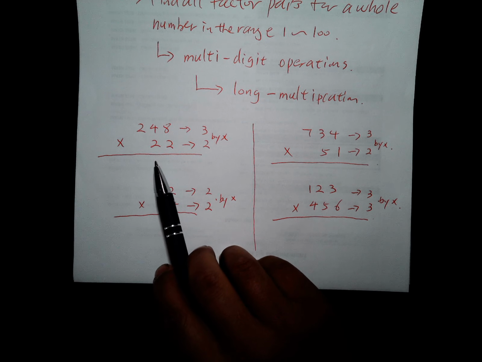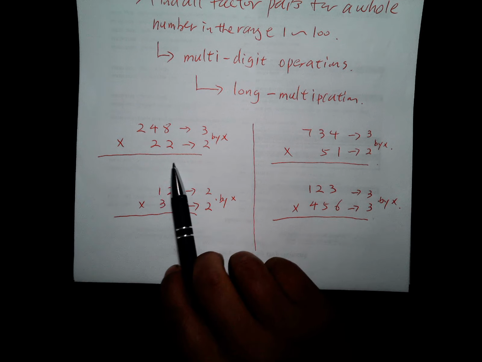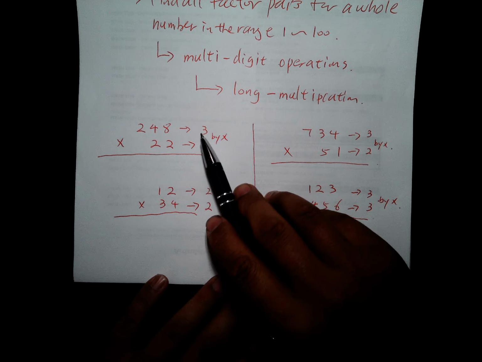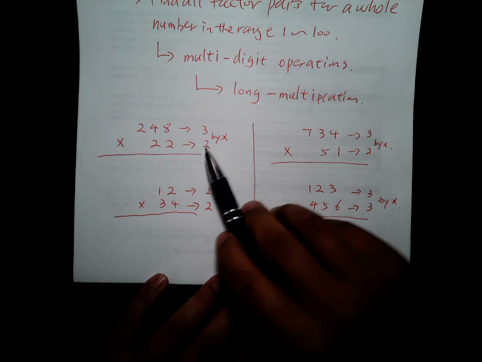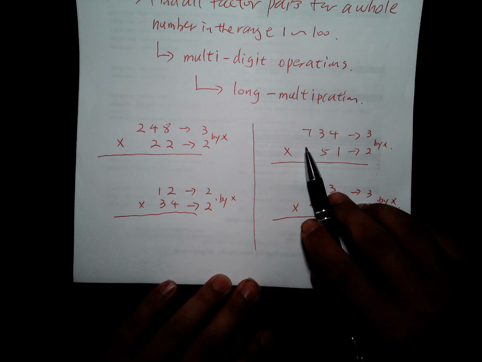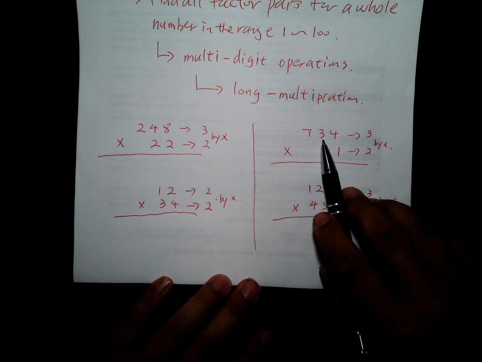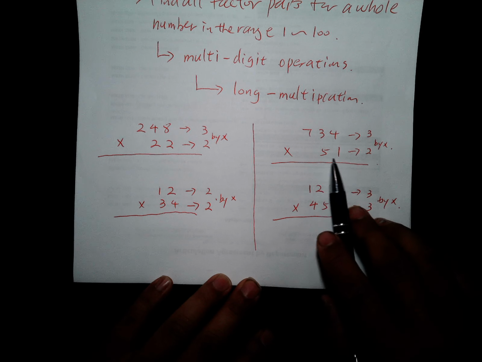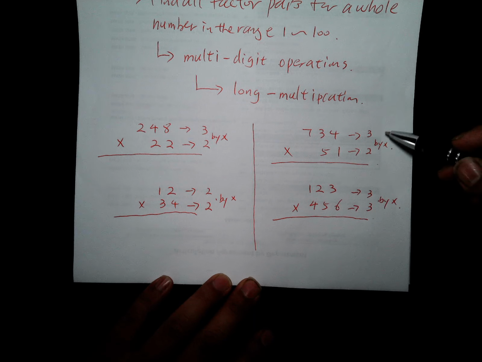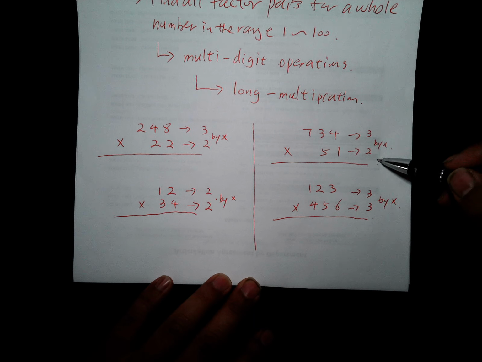questions. 248 times 22, which I call the 3 by 2. The second question is 734 times 51, the same kind, 3 by 2.